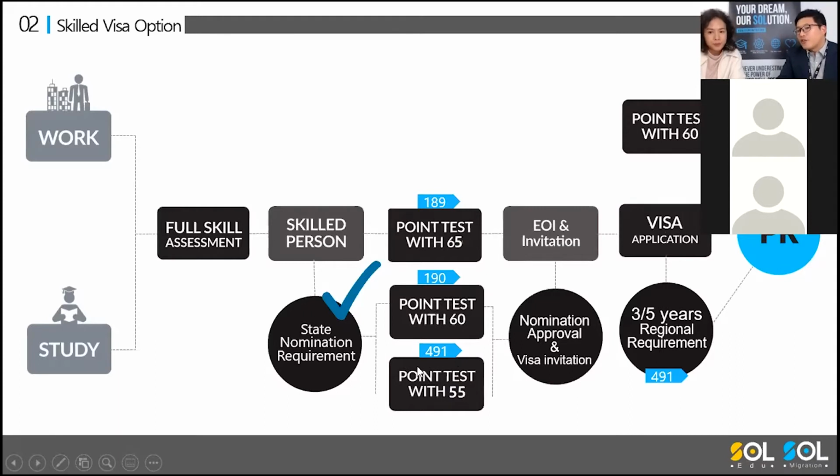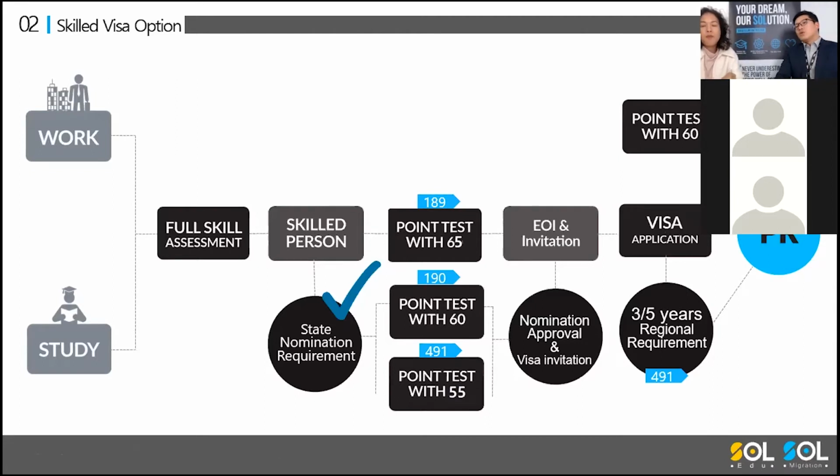For the 491, once your state nomination is approved, you automatically get an extra 15 points. So you meet the minimum requirement with 50 points plus the extra 15, reaching the minimum 65.